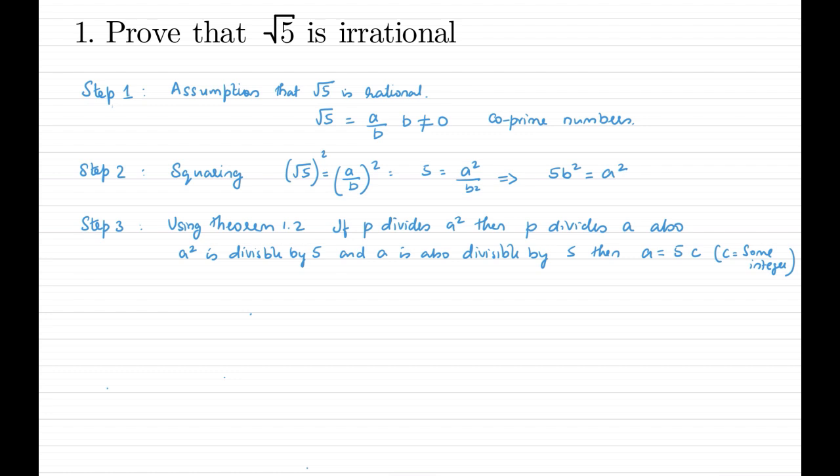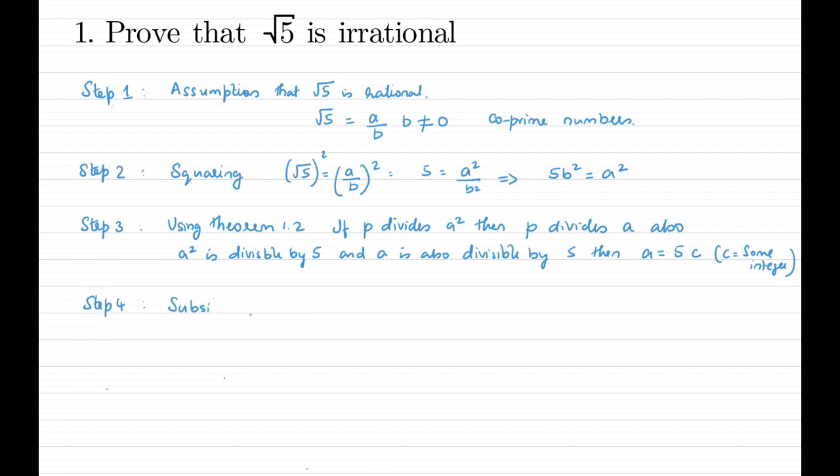Now, the next step is substitution. We will substitute a is equal to 5c in step number 2 and then again use theorem 1.2. The step number 4 is substitution and then use theorem 1.2.